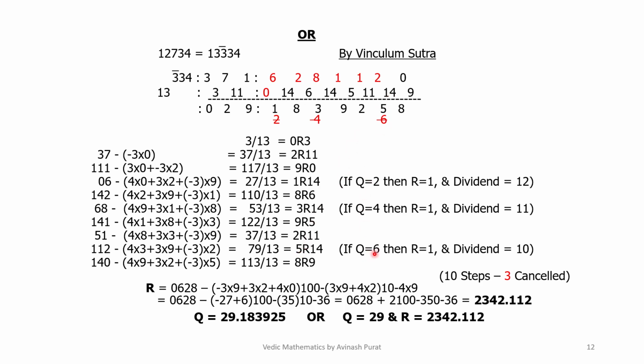If quotient is 6, then remainder is 1 and the dividend would be 10 as against 140. So 140 minus 4 into 9 plus 3 into 2 minus plus minus 3 into 5 equal to 113 by 13 equal to 8 remainder 9.